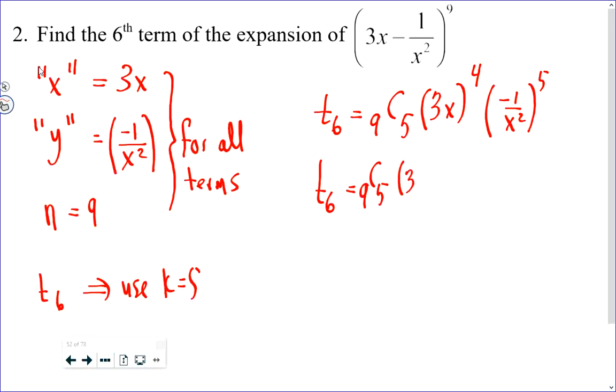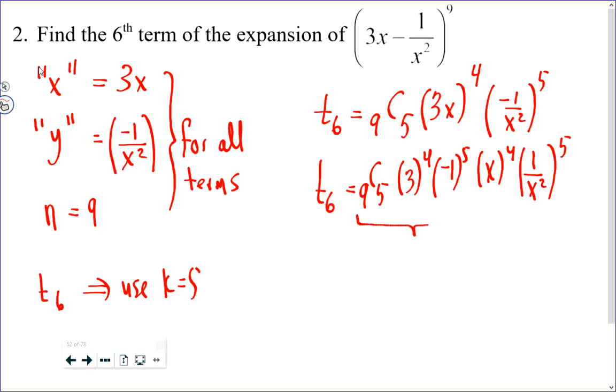It will have a 3 raised to the 4 contributing to the coefficient. It will have a negative 1 raised to the 5 contributing to the coefficient. It's also going to have an x raised to the 4, and it's also going to have a 1 over x squared raised to the 5. That x squared in our y is in the denominator, so it's over that.